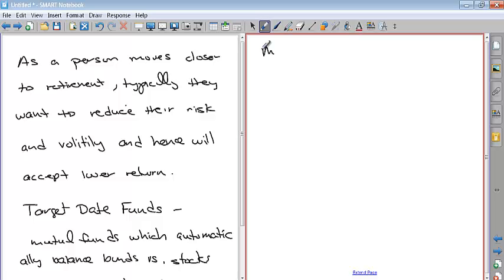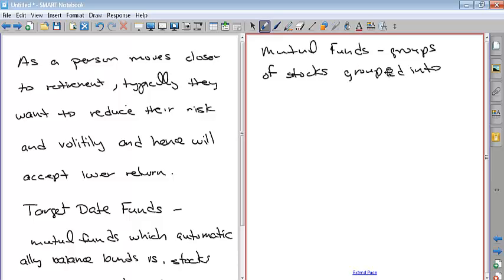Now, target date funds are usually made up of mutual funds, which are groups of stocks grouped into different categories.